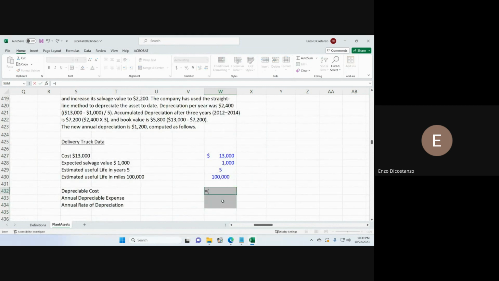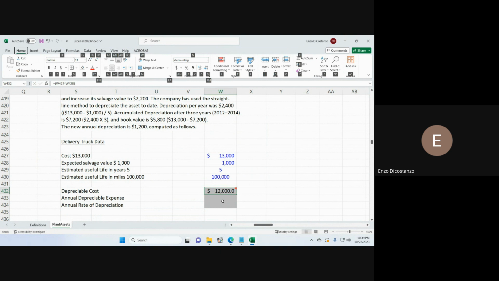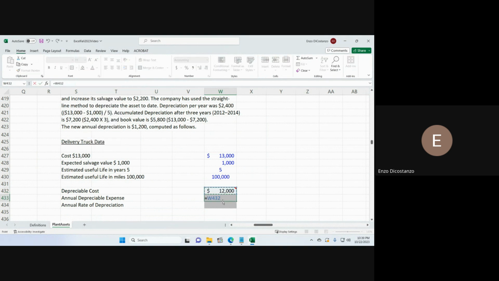And then you have this maneuver, right? You compute the depreciable cost. It's 12,000. The annual expense is just that 12,000 divided by the 5 years. And then the rate is simply that 2,400 divided by what you're depreciating.